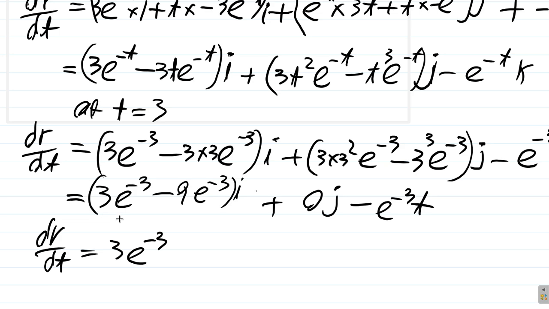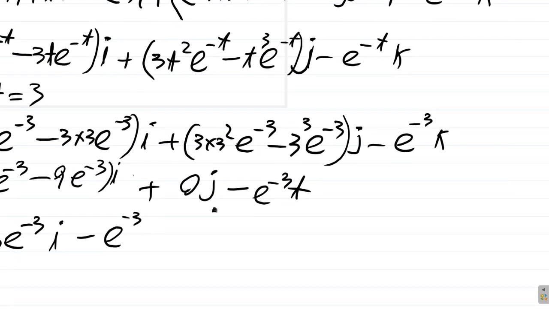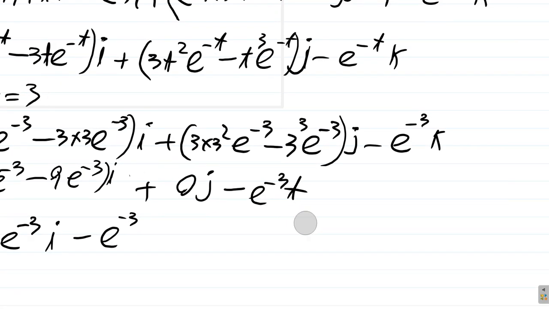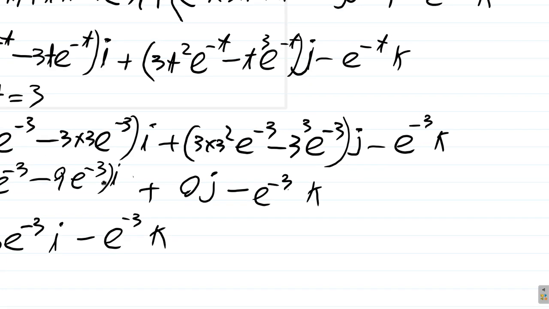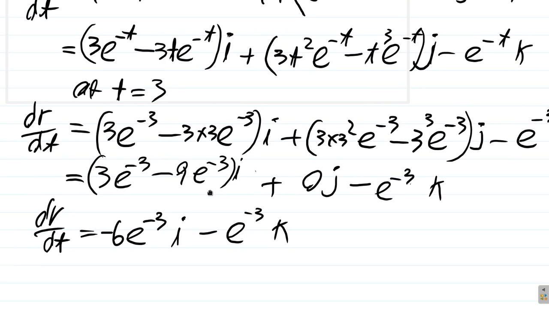So 3 minus 9 is negative 6 e to the negative 3, i, and then minus e to the negative 3, k. That's what we have there.